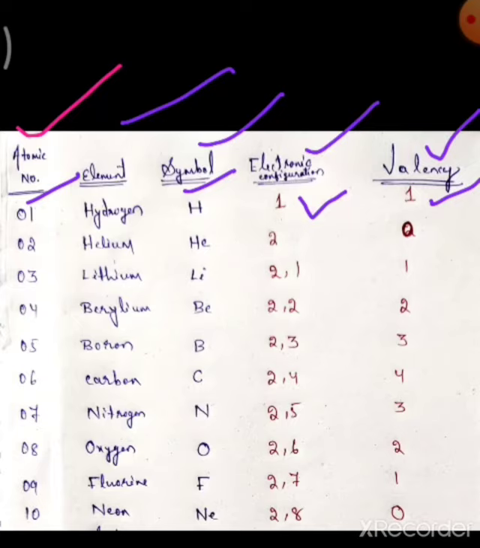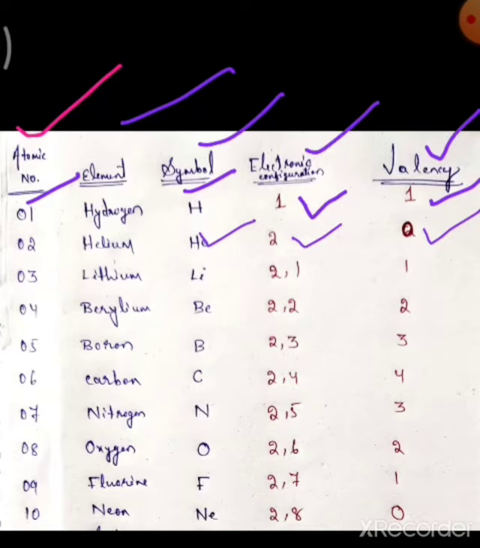Then helium, symbol He, atomic number 2, electronic configuration 2, valency 0. The valency of helium is 0 because it is a noble gas. They have already satisfied the octet rule, that means they are already stable. They will not lose electrons and they will not gain them.